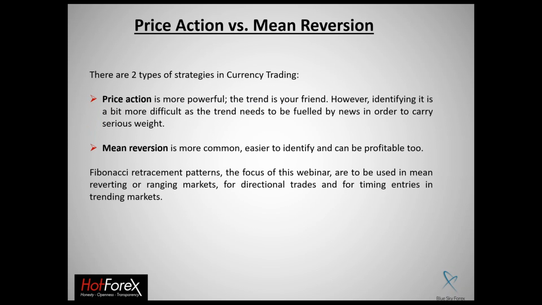So let's take a look at two types of markets you will come across. First of all is price action, aka a trending market. This is more powerful, and the reason behind this is that in a proper trending market you see a significant price movement and you can potentially profit from it. These types of movements need to be fueled by significant news on the market.